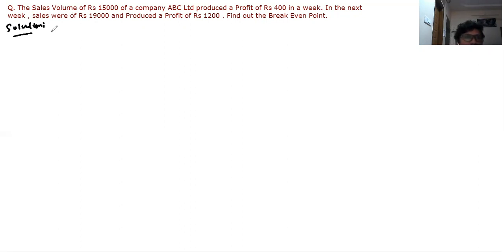It is given that the sales of rupees 15,000 of a company produced a profit of rupees 400 in a week. So the profit in a week is given as rupees 400.